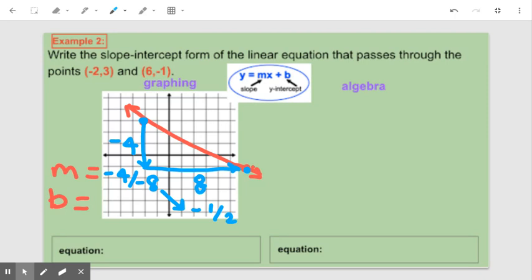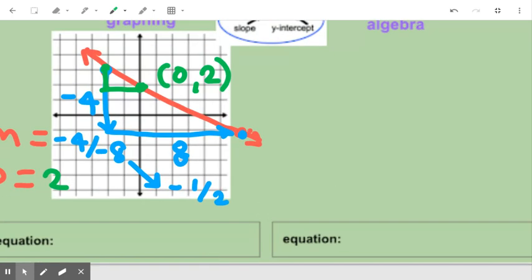Now my y-intercept is the point where my graph crosses the y-axis. Although my line was not really very straight, I know if I start here and use my slope, I can go down 1 and right 2. That puts me right at the y-intercept, which happens to be at (0, 2). So my value of b is 2.